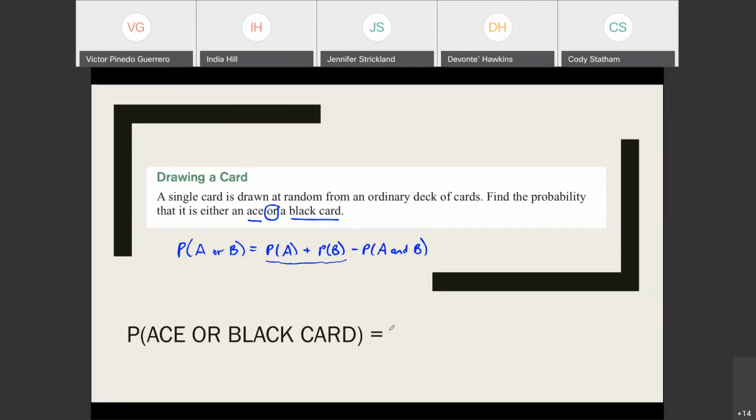So we're just going to do probability of ace plus the probability of a black card. And then this last part just says to put your two events with an and in between. So this is going to be ace and black.